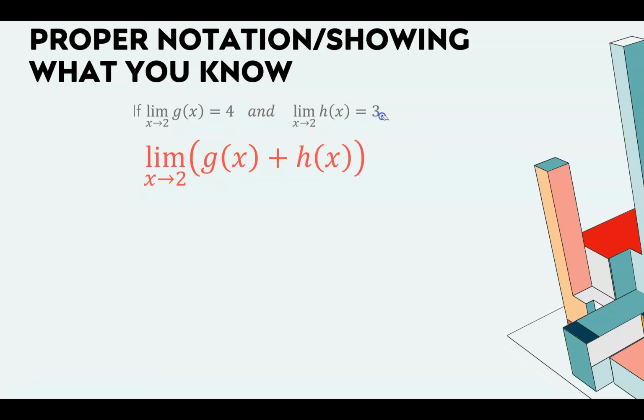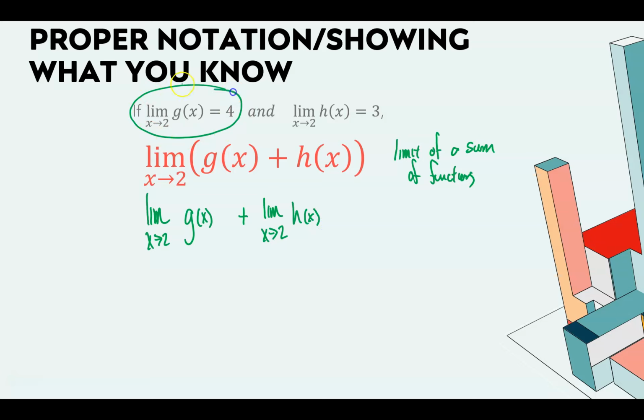But what you're supposed to know is, well, the limit of a sum of functions, ooh, I guess I have to do it out. I thought I had this typed. The limit of a sum of functions is the same thing as the sum of the limits of those functions, meaning instead of doing the limit of these two functions added together, each one gets their own limit as x approaches 2.